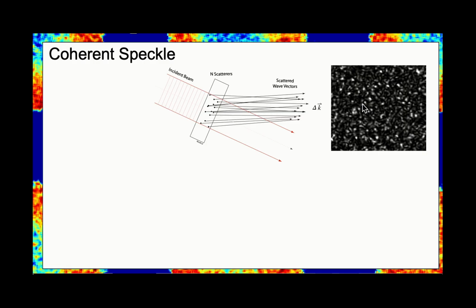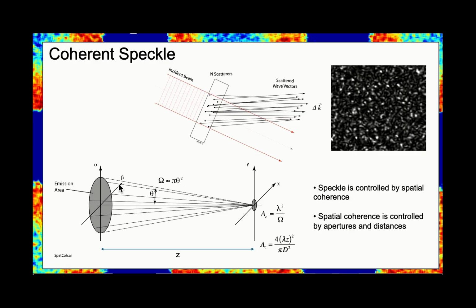Speckle patterns have characteristic sizes, and the sizes are set by the emission areas that you're exciting, the propagation distances, and the wavelength of the light. You can calculate, given an excitation geometry and a propagation distance, the average size of these speckles. For a typical experiment they can be in the range of tens of microns, so again, something very easy to capture onto a camera.